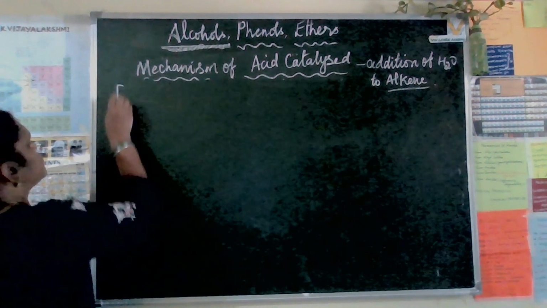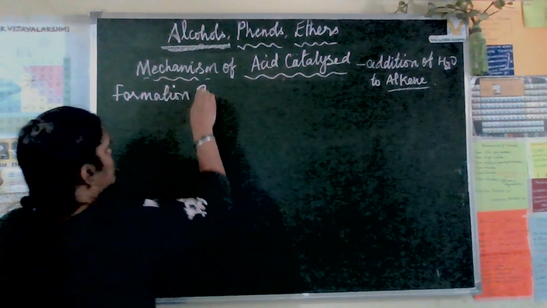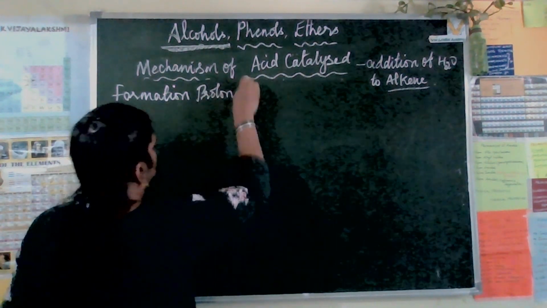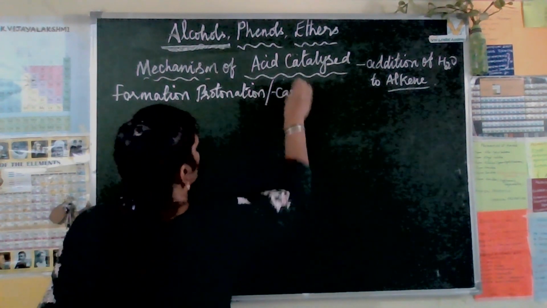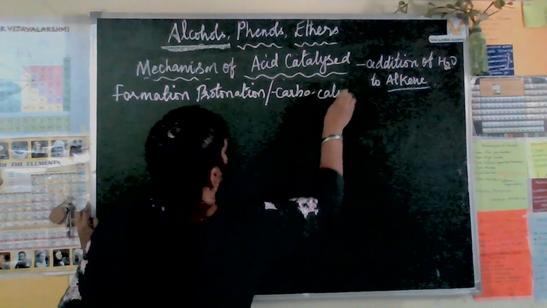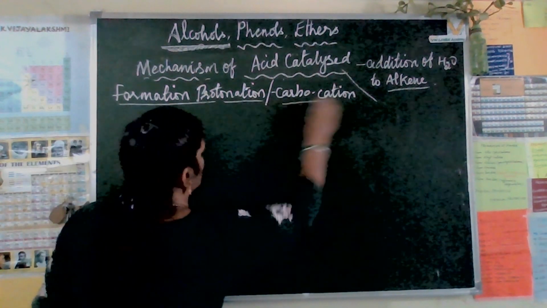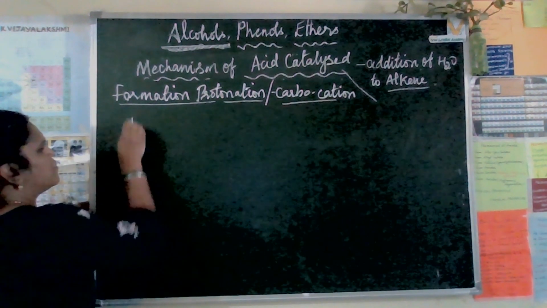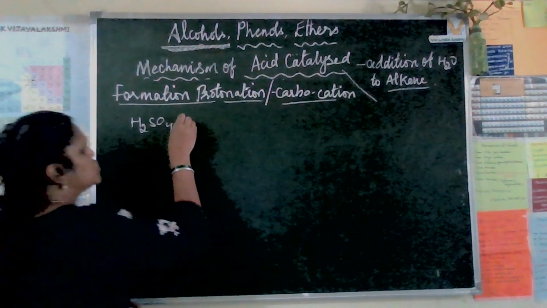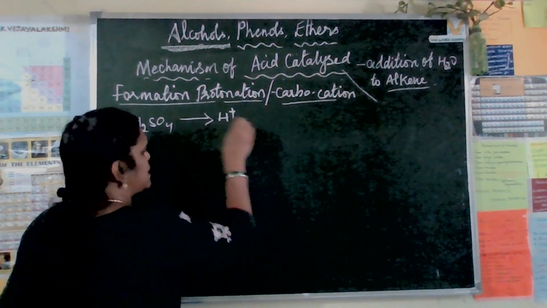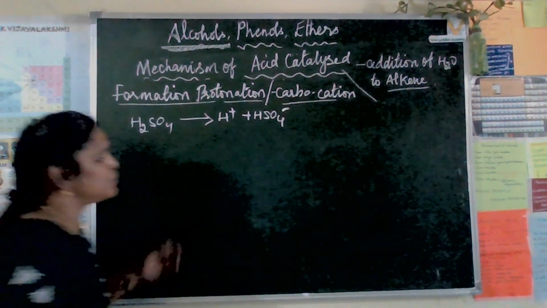First and foremost, protonation as well as formation of carbocation. So how to get this? H2SO4, we have taken, is acid catalyzed, so this gives H plus ion plus HSO4 minus, that is a proton, right?